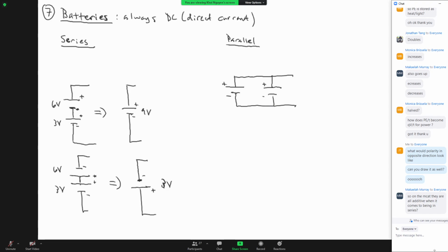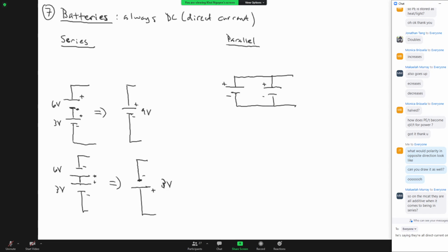Yeah, well, you can think of opposite polarity as being subtractive, right? So you can't say that they're all additive. I just gave you two examples where one's subtractive and one's additive. I meant, because you said that they're all direct current, does that mean that they're all the additive form of being in a series?